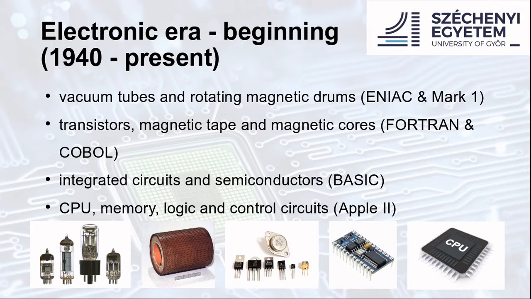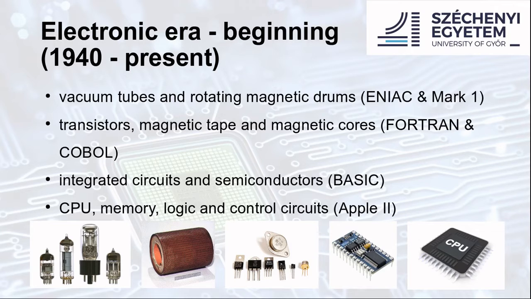There are four main generations of digital computing. The first was the age of vacuum tubes and punch cards, like the ENIAC and Mark I. Rotating magnetic drums were used for internal storage.